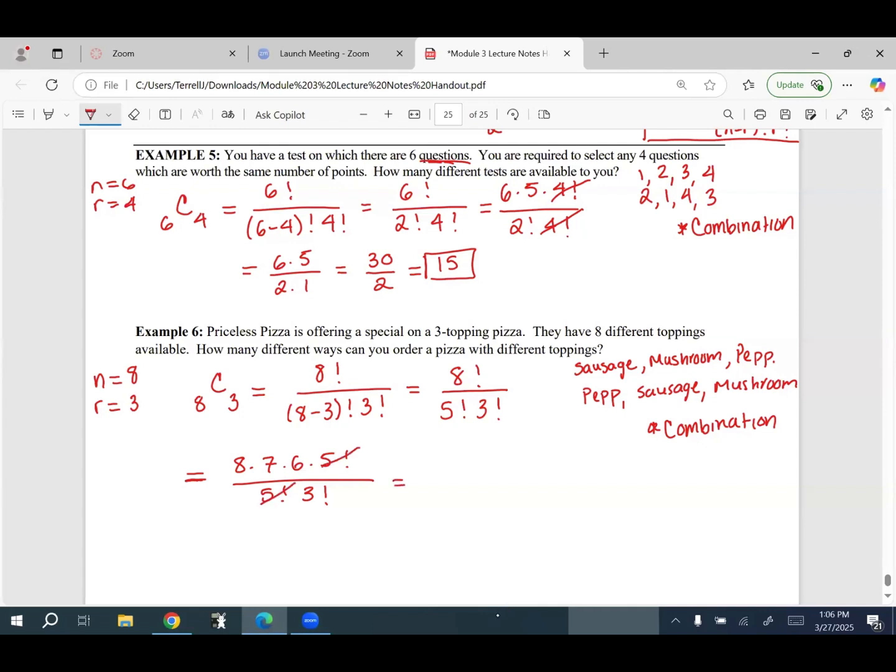And so I'm left with 8 times 7 times 6 over 3 times 2 times 1. That's what 3 factorial is. So if you multiply 8 times 7 times 6, that's 336. 3 times 2 times 1, that's 6. And when you divide that, you should get 56 as your total.